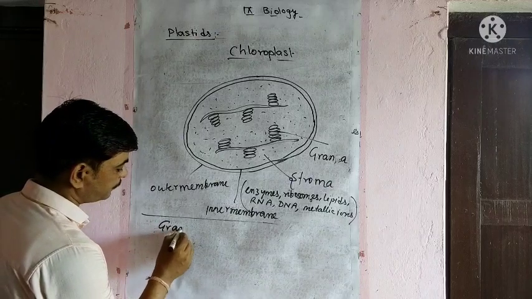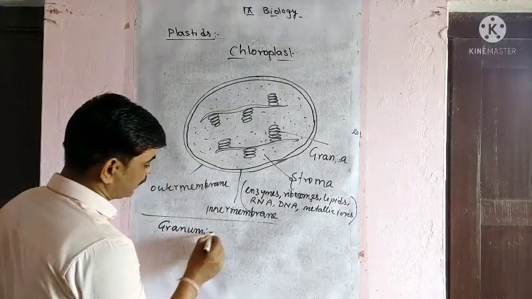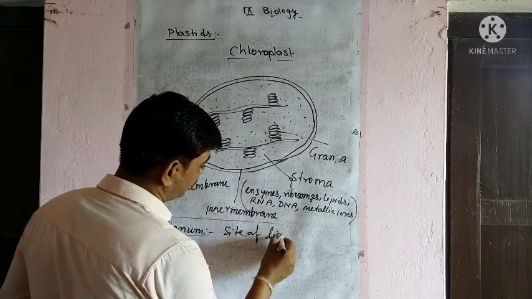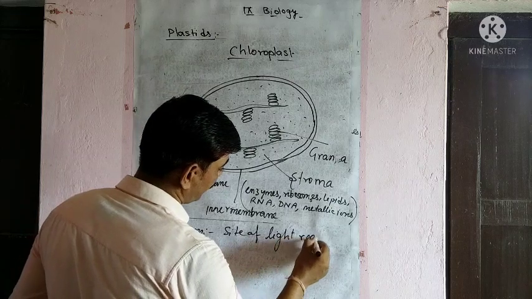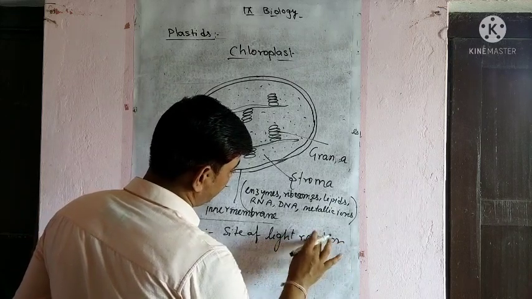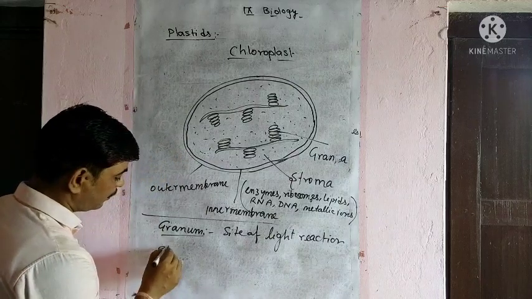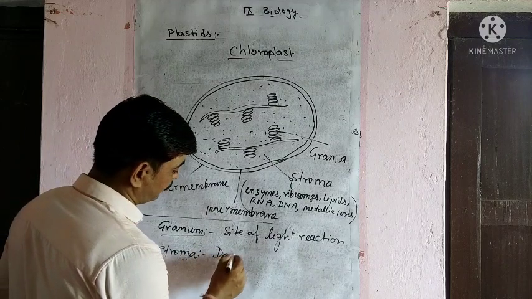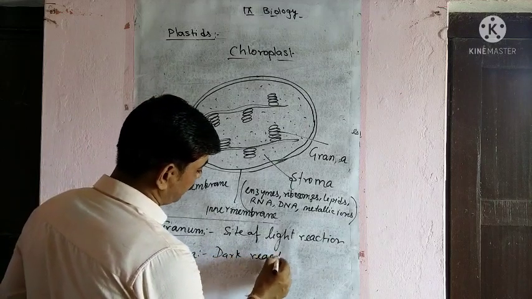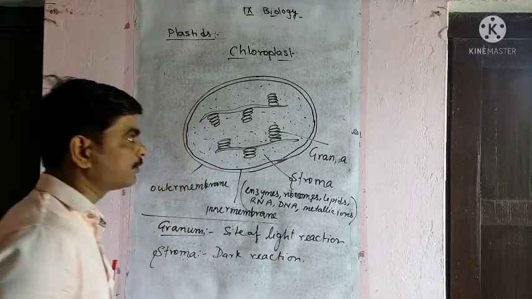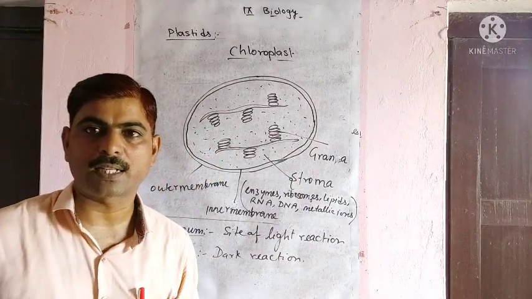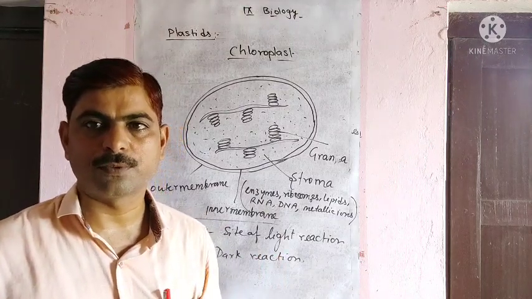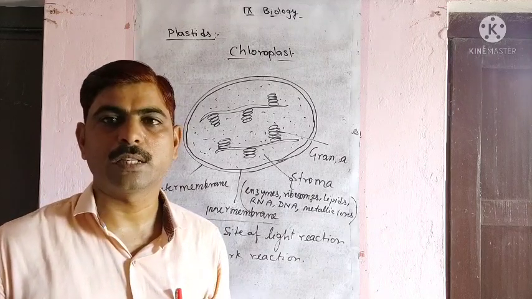Here, do you know, granum is the site of light reaction, while stroma is the site of dark reaction. Light reaction and dark reaction mean photosynthesis. You know it is a process in which the green part of the plant uses solar energy in the presence of chlorophyll to synthesize food.